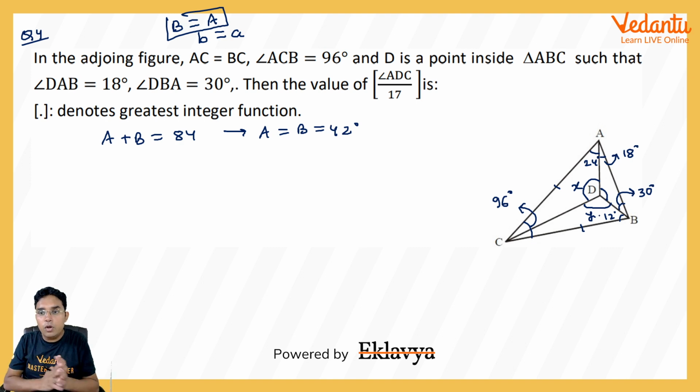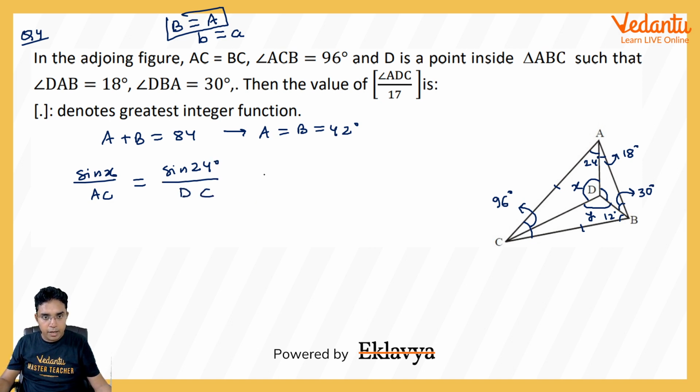Now I am going to use the sine rule to solve this further. We can write sin X upon AC is equal to sin 24 degrees upon DC. Similarly, in this triangle, sin Y upon BC is equal to sin 12 upon DC.